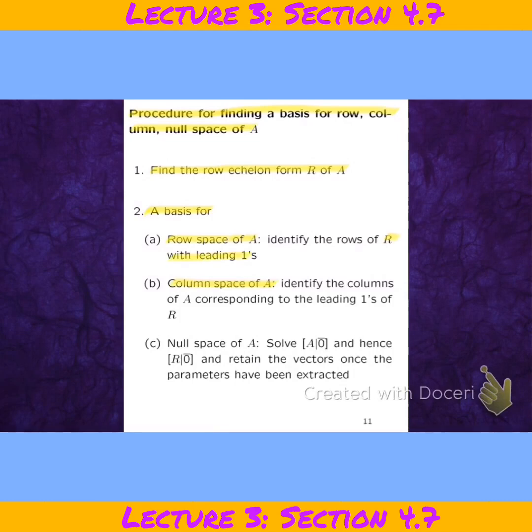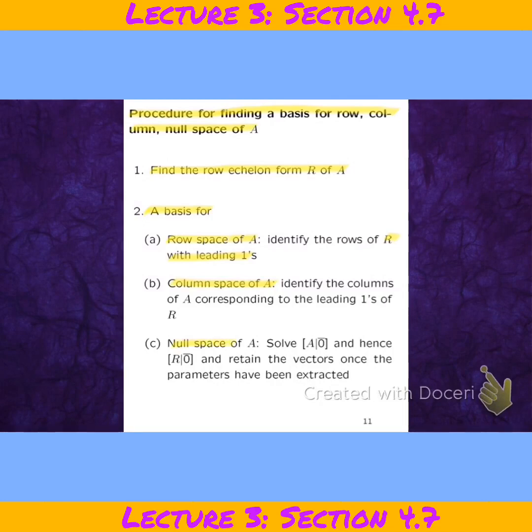Those columns with the leading ones, you go back to your matrix A and you look at the columns that correspond to the columns of R with the leading ones. And those corresponding columns of A form your basis for the column space of A.